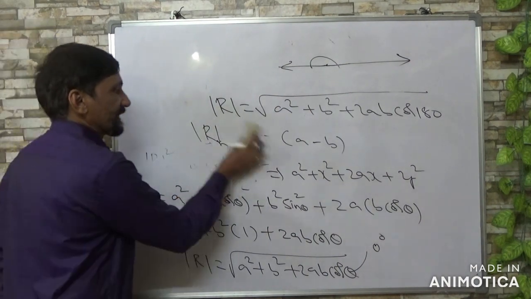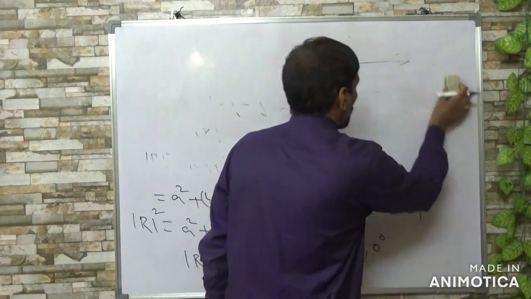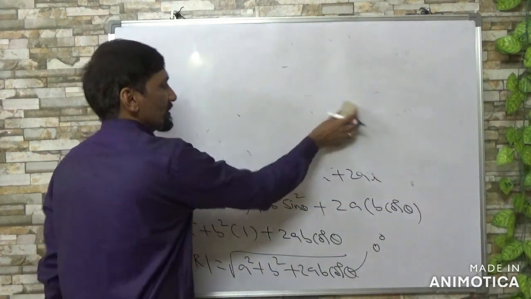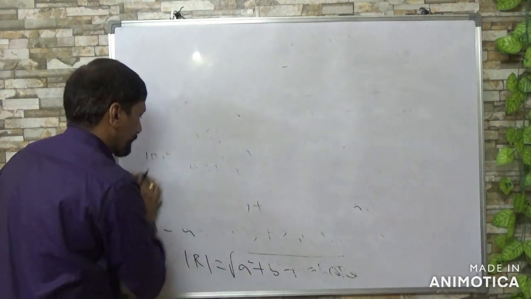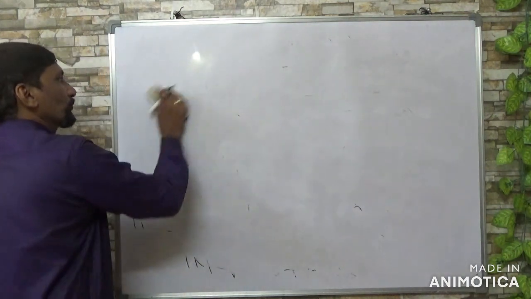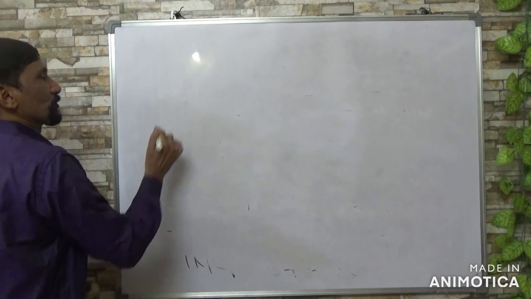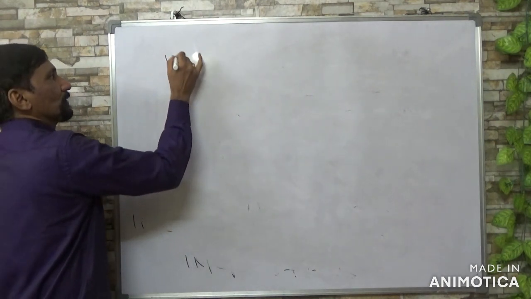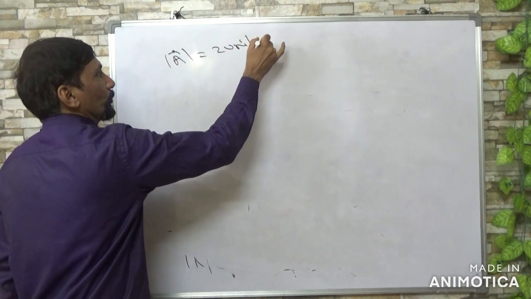If you know this, it is easy to solve a problem which will usually be given in competitive exams. Suppose you are given a problem. The magnitude of one vector, say A bar, is known to you, say 2 units.